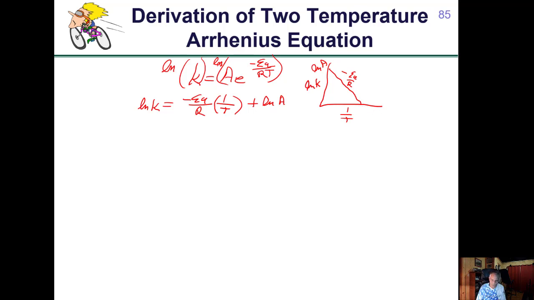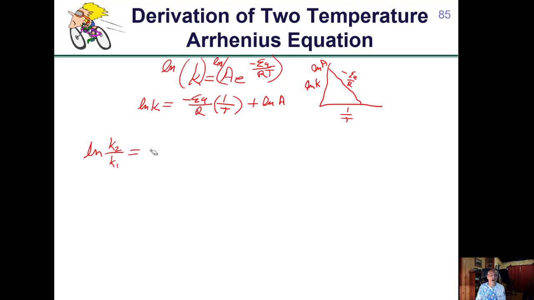Let's say I'm going to run the same reaction at two different temperatures, and I want to know what the relative difference in reaction rates is going to be. I can do that by comparing, let's say, one K value. So we're going to say K, the rate constant 2 over rate constant 1.